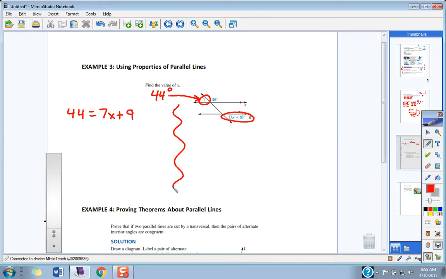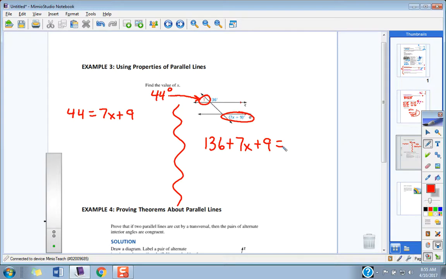Or another way, say, well, this angle up here was 136. Was that acute or obtuse up here, kids? Yeah, 136 would be obtuse, and then this would be an acute one. So if you ever have an obtuse angle and an acute angle within parallel lines, another way you could have set it up is go 136 plus 7x plus 9 and set it equal to what, Lane?